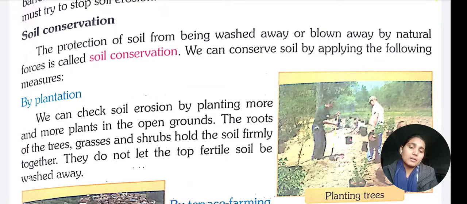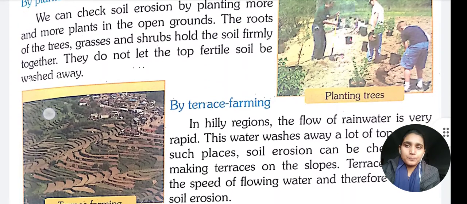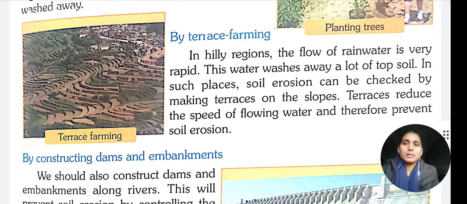If the roots of the plant bind the topmost layer of the soil, it will be easy that the topmost layer of the soil will not be washed away, and this will help in soil conservation. If we discuss the second type of soil conservation method, it is terrace farming.